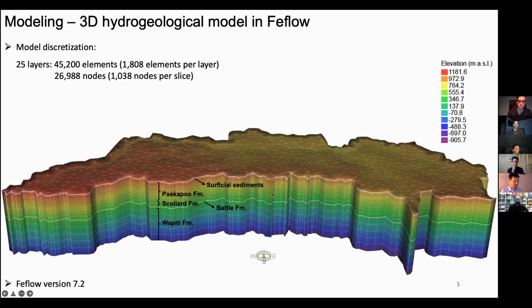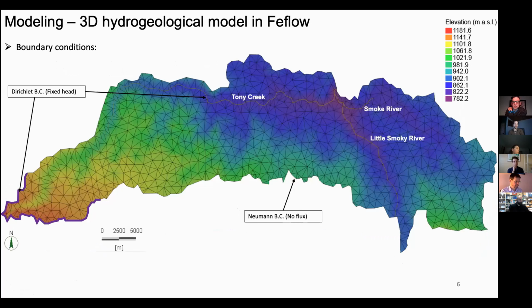For the groundwater model, we selected the FEFLOW code, and a mesh of 45,000 triangular elements was created with 25 layers of different thickness in order to represent the different geological formations. And as boundary condition, a fixed head was imposed along the western part of the watershed and also along the 3 principal rivers.